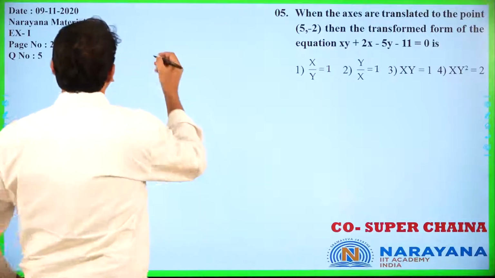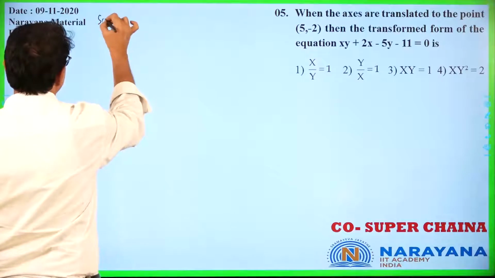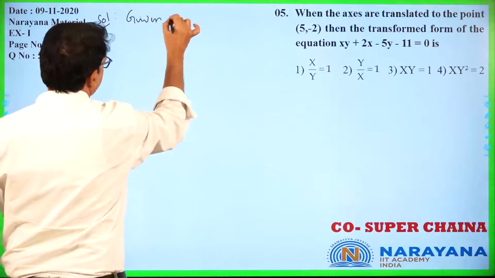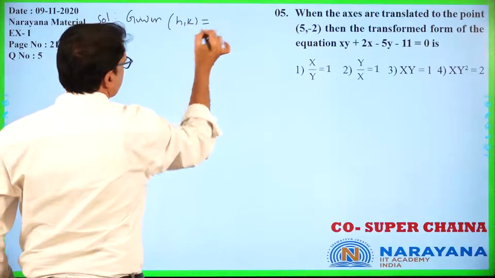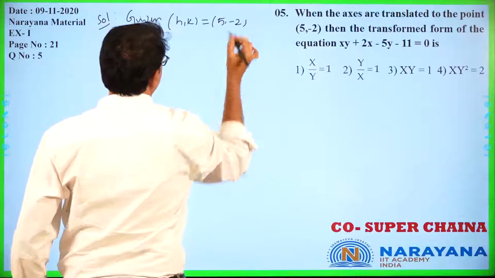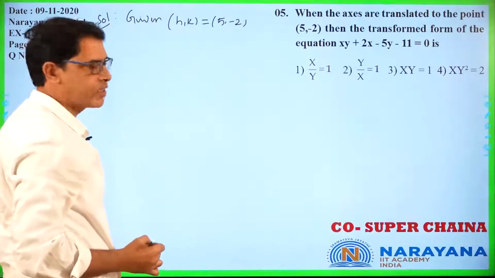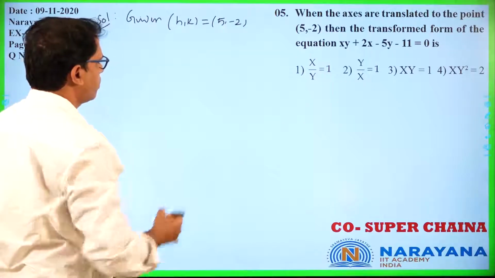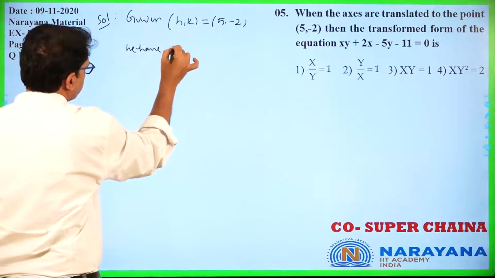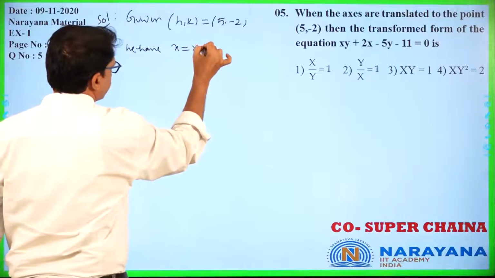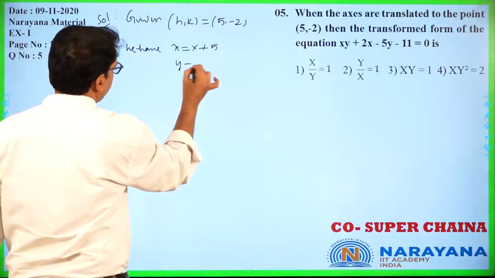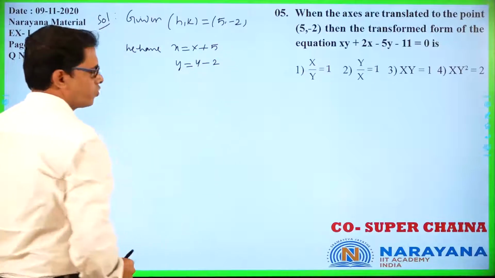Here, what is given? The translated point h comma k equals 5 comma minus 2. Then we have small x equal to capital X plus 5, small y equal to capital Y minus 2.